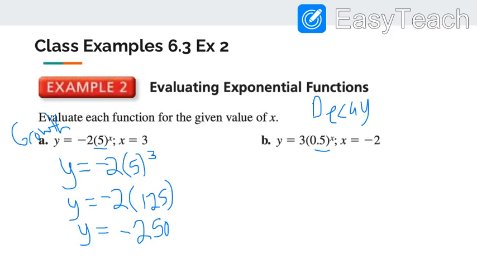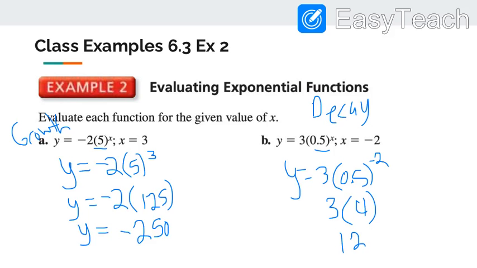As we plug in values here, we would simply do the same idea. 3 times 0.5 raised to the negative 2. Earlier in this unit, we went over negative exponents, so that shouldn't be weird to you. So as we work this one through, we would get 3 times 4. 3 times 4 is 12. So our y value would be 12, meaning our input at negative 2, our output would be a positive 12.